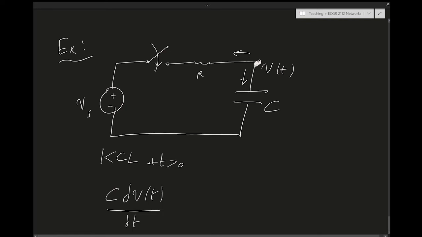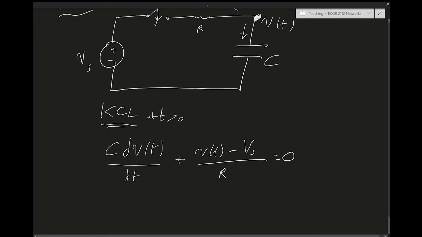That's what we're solving for. So what's the current according to KCL across the resistor? It's going to be just Vc minus the voltage on the other side, which is Vs, over R, equals 0. So this is the basic equation that we got from applying KCL.